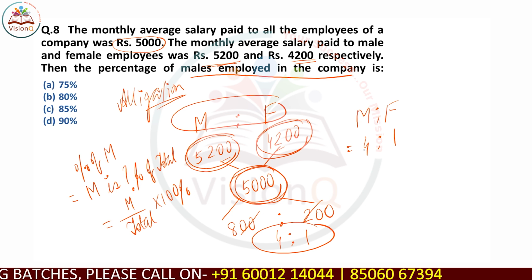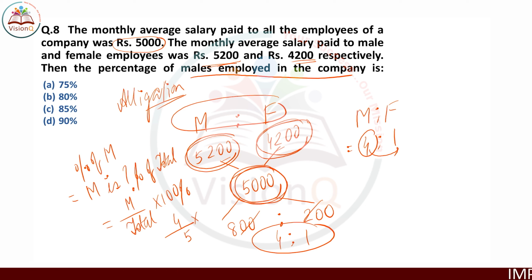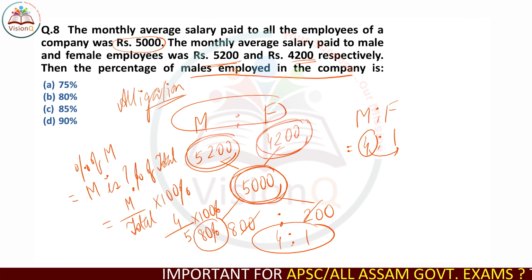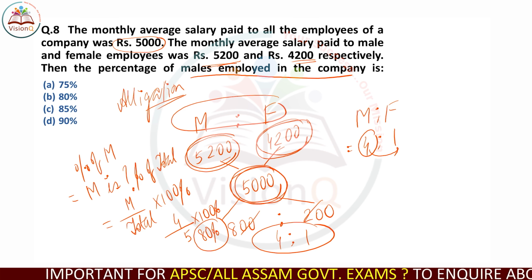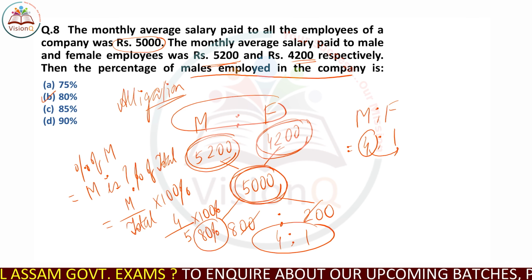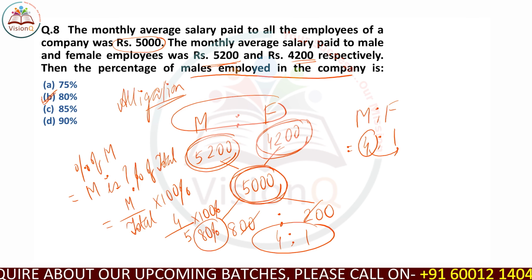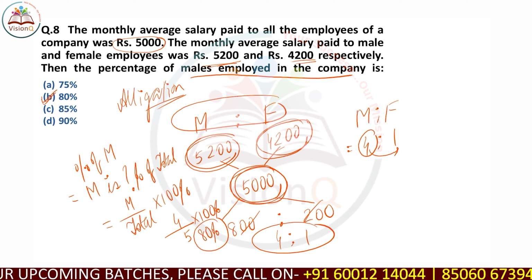So how many are male? 4 people are male. Out of total, 4 plus 1, 5 people are there, into 100%. So the answer will be 80% people are male. So if 80% are male, I can say the remaining 20% is females. The right answer of this question number 8 is option number B, 80%. So such questions of average can be done by alligation very easily.